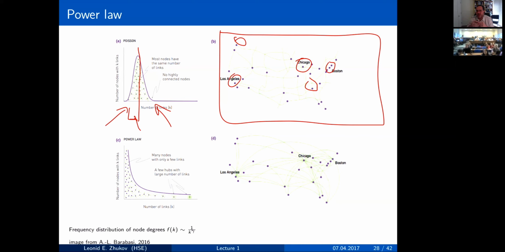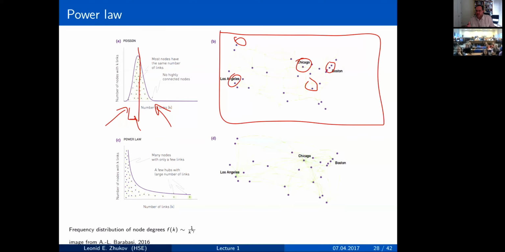If, for example, right now we asked each of you your height and built a histogram of the heights of students in the class, it most likely would be a Poisson distribution with an average height of, I don't know, 165 or 170. Some people are shorter and some people taller, but I'm pretty sure we would not have anybody less than a meter tall or higher than 2 meters.